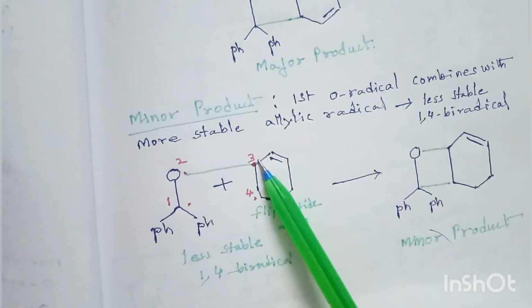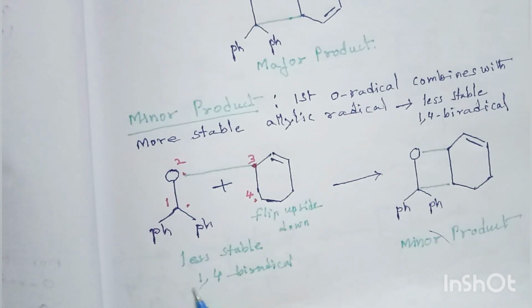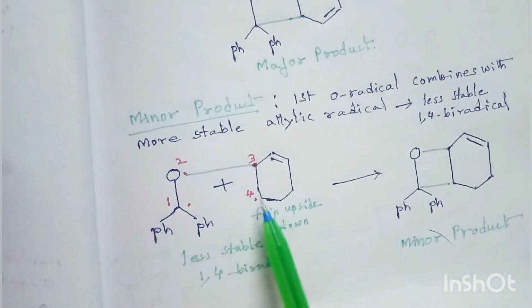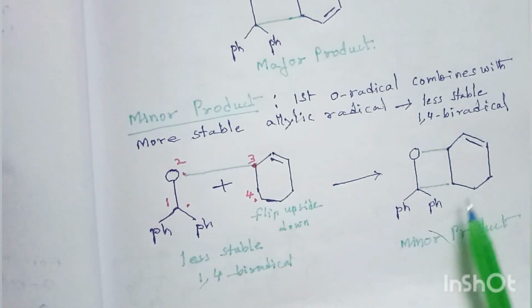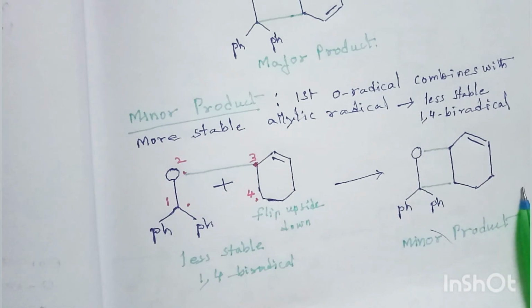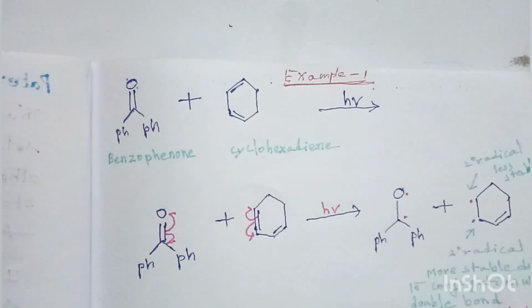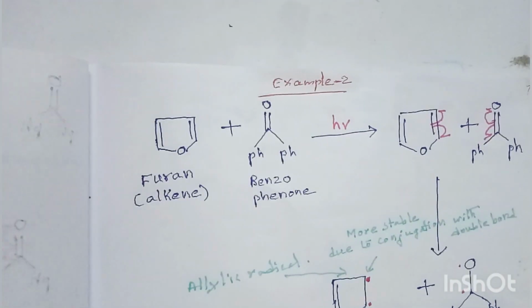So these two radicals will join together to form a less stable 1,4 biradical. Next, this radical and this radical will join together to form a minor product. So this is how the minor product is formed when benzophenone and cyclohexadiene react in presence of UV light.